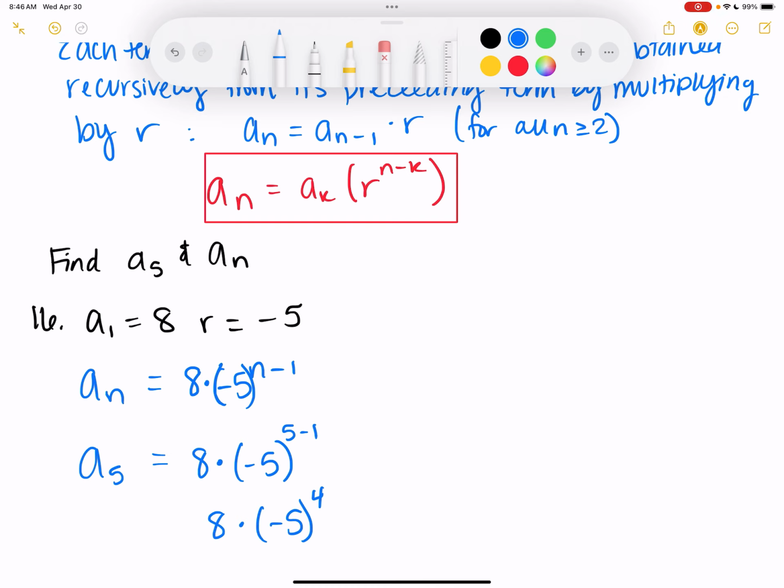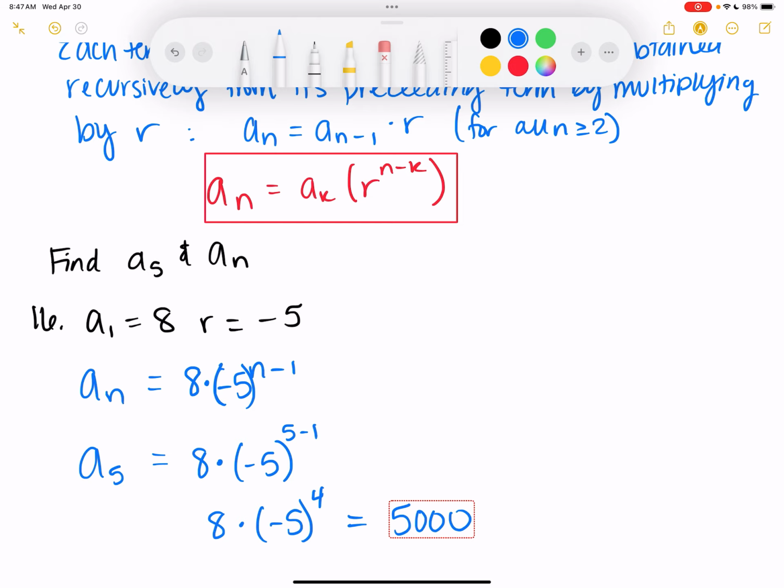Probably going to need your calculator for these ones to type them in and figure out what it's equal to. So that would tell me that the 5th term is 5,000.